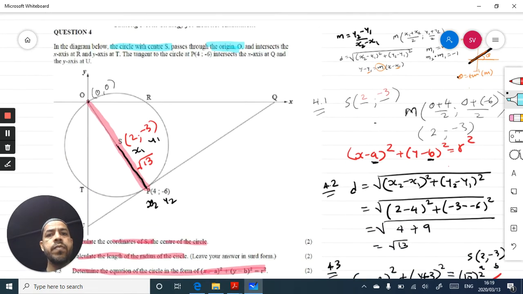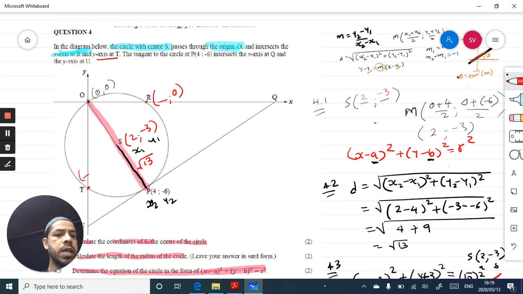It says that the circle intersects the x-axis at R. That means that R is my x-intercept. For that one, I will have some x value, but my y value will be 0. And the y-axis at T. So T will become my y-intercept.